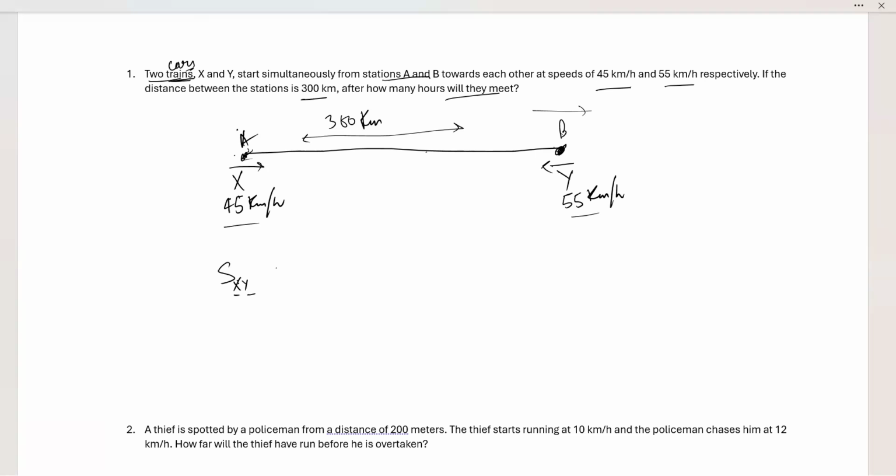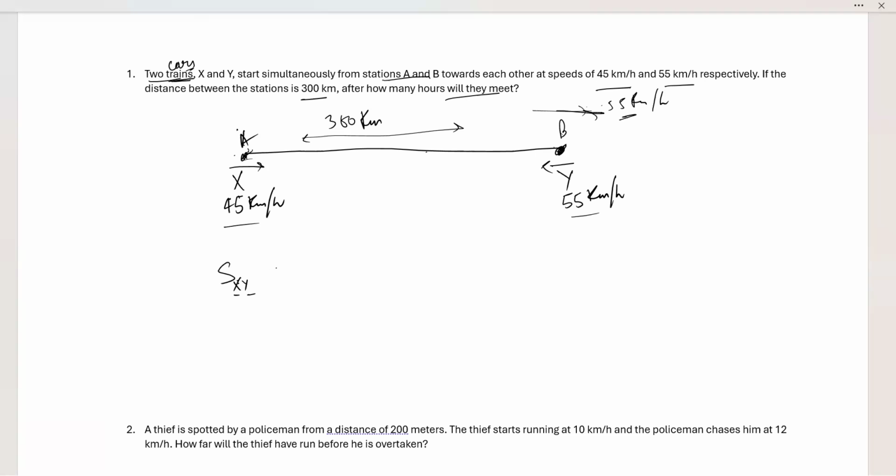So what is happening is कि since the universe is going behind at a speed of 55 kilometer per hour, this X train has its own speed of 45 kilometer per hour. So it is getting an additional support from the universe of 55 kilometer per hour.